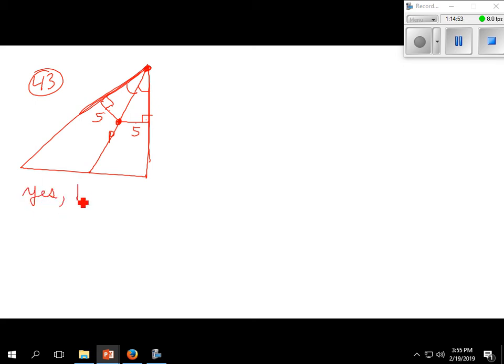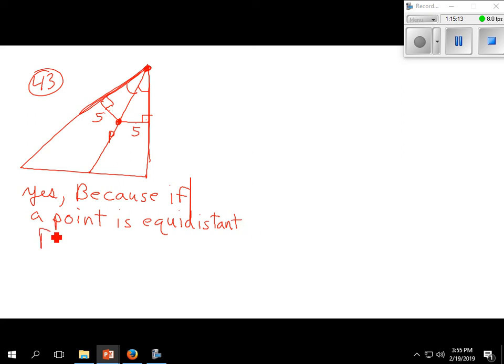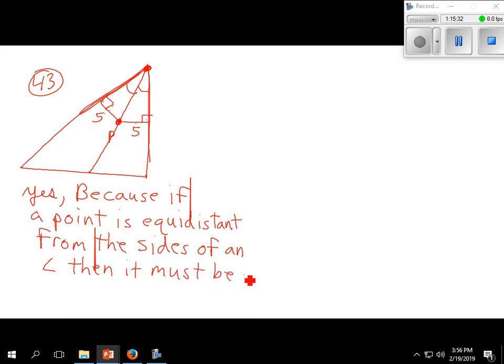And our answer is going to be yes, because if a point is equidistant from the sides of an angle, then it must be on the angle bisector.